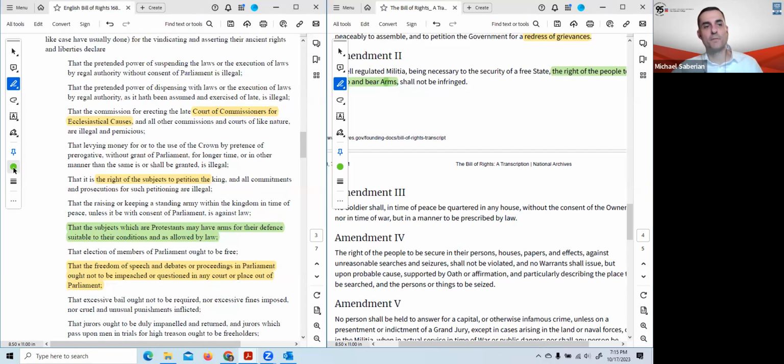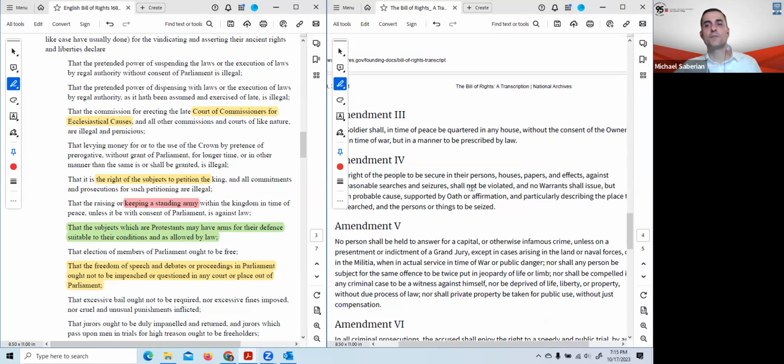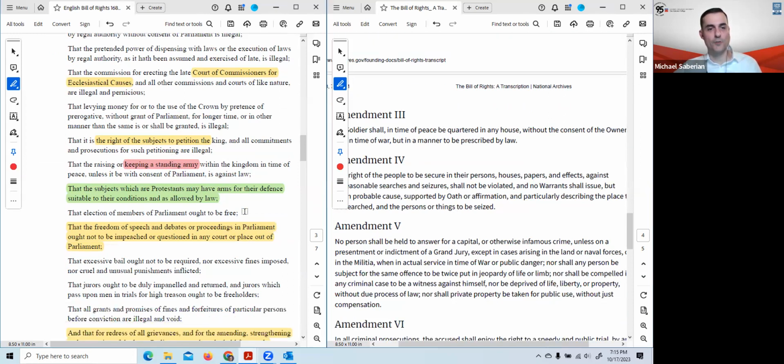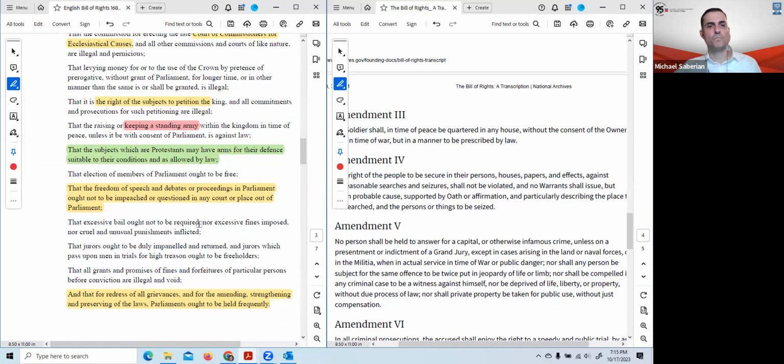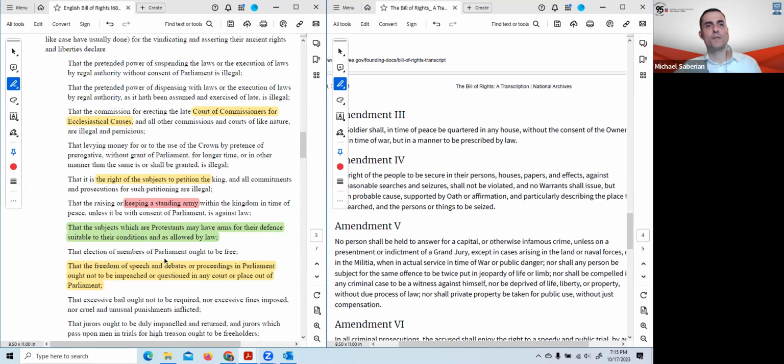In the British system, the keeping of a standing army in time of peace, you see that more in the Constitution, limiting the life of an army to 2 years. So this really doesn't have a cognate. The right of your person to be secure from unreasonable search and seizure, that language is relatively new.